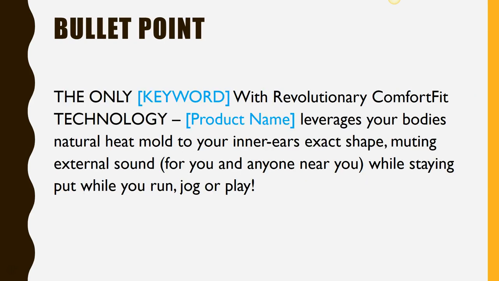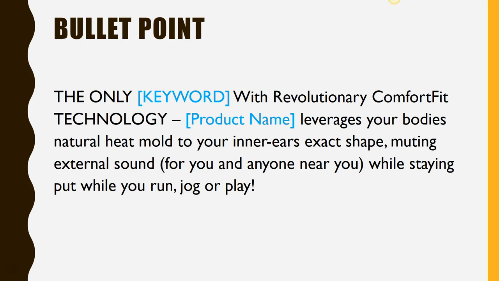So for bullet point number 1, here's how we would actually write this. The only, and let me explain the only. When you're selling on Amazon, like I mentioned before, there's going to be your product and hundreds to thousands of other products that have the same exact features. They might look different.